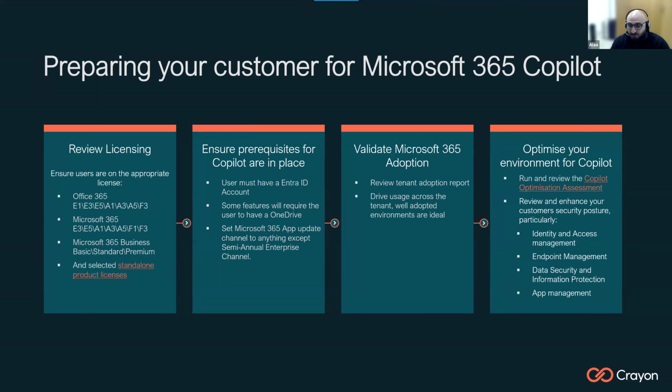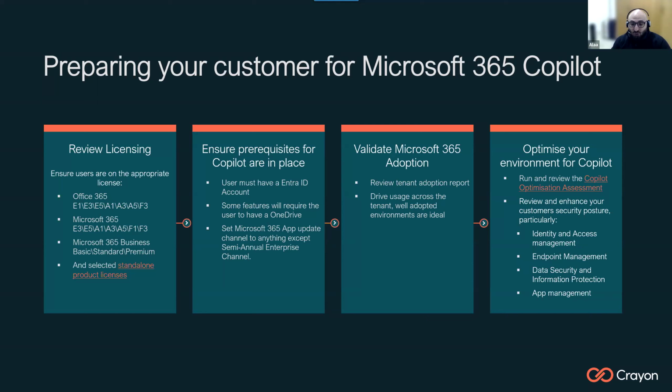Now moving to the third point or pillar, validate Microsoft 365 adoption. If your customer's business already has a high adoption rate of Microsoft 365 productivity apps, you are going to have a much better experience with Copilot. That helps you gain access and insights to understand more about the business usage of the Microsoft 365 apps.